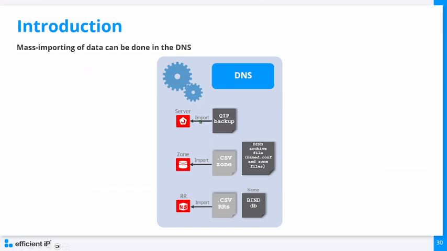You can see QIP, VitalQIP, which is one of the DNS vendors. If you have a VitalQIP backup and you want to migrate it to EfficientIP, you will be able to import their backup.